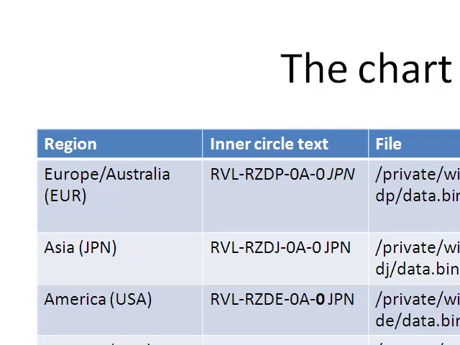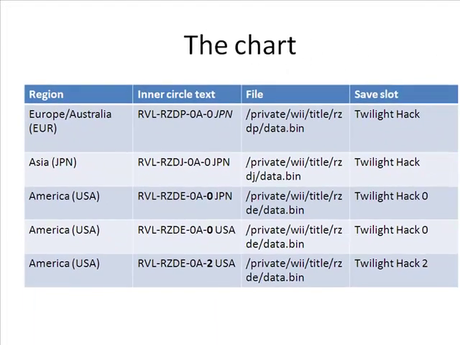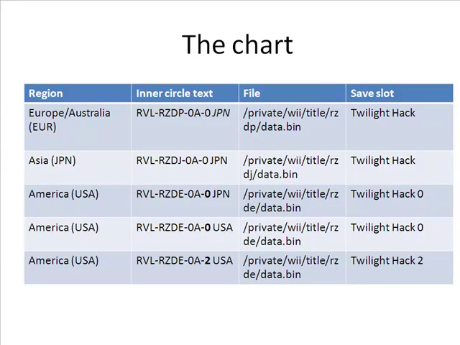The file is what file you're going to pick. So if you have the RZDEAO 0 USA, then you're going to need the RZDE. So basically, if you're in USA, you bought the disc, then you're going to need the RZDE data.bin. That's in the private folder.